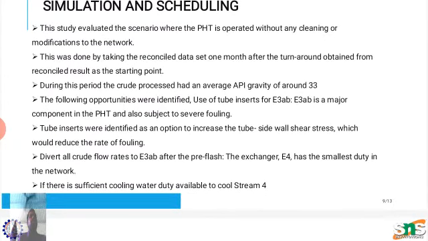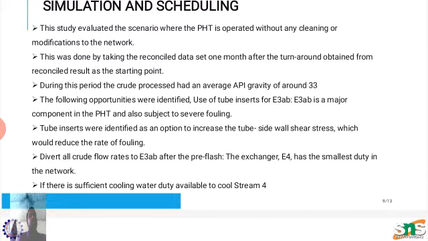Simulation and scheduling of the original network with a specified maximum furnace heat duty. This study evaluated the scenario where the PHT is operated without any cleaning or modifications to the network. This was done by taking the reconciled data set 1 month after the turnaround as the starting point.